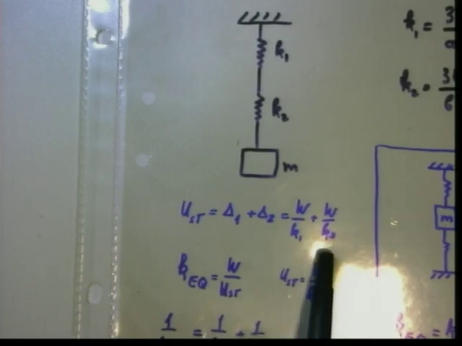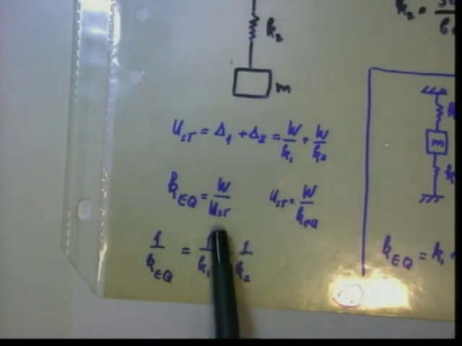Delta 1 is W, the load, divided by K1. Delta 2 is W divided by K2. Now, what is K equivalent? K equivalent is load divided by static displacement.